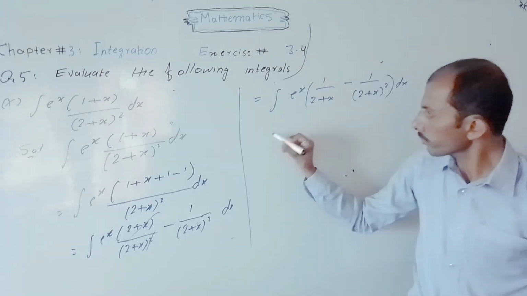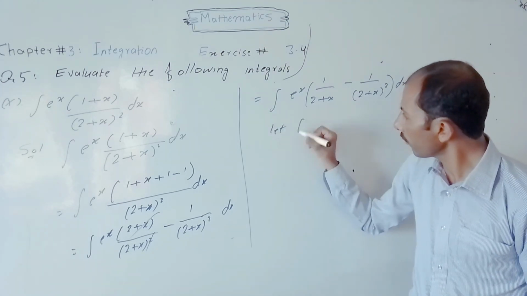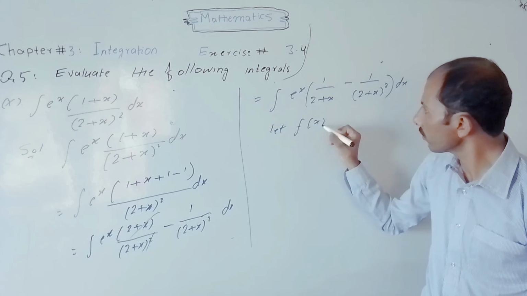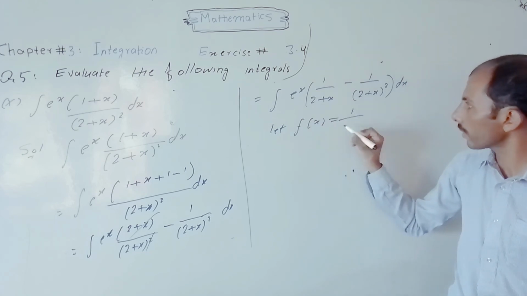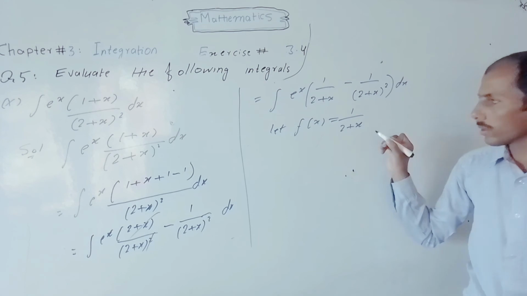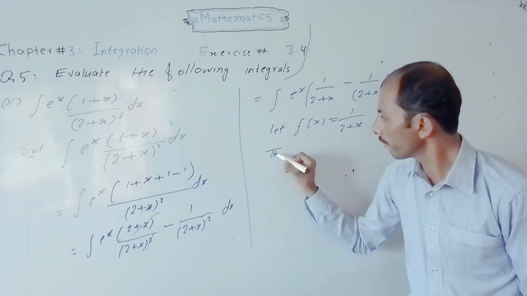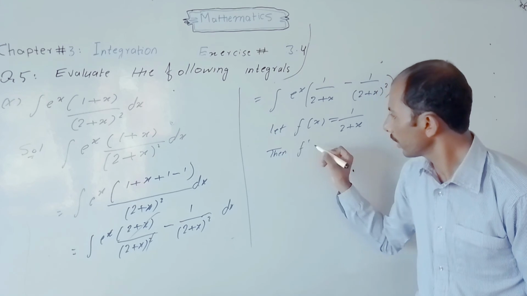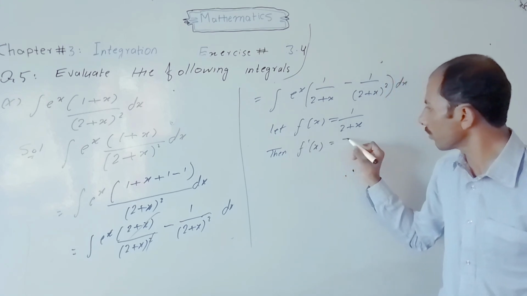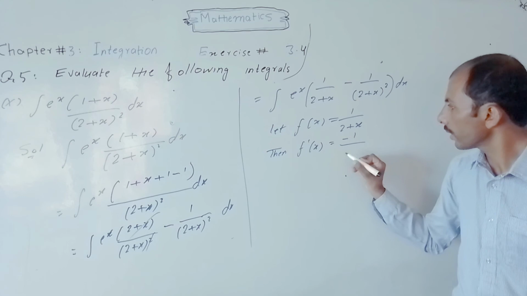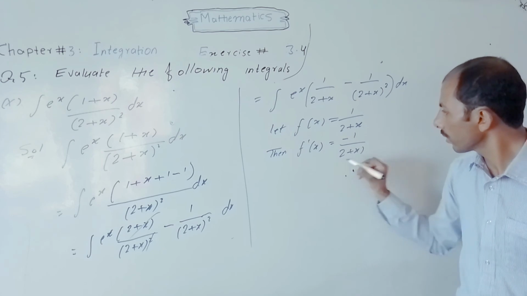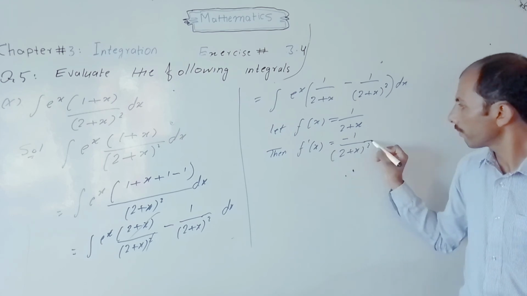So let's suppose f of x is equal to 1 divided by 2 plus x, then f prime of x, it means first order derivative, is equal to minus 1 divided by (2 plus x) whole square.